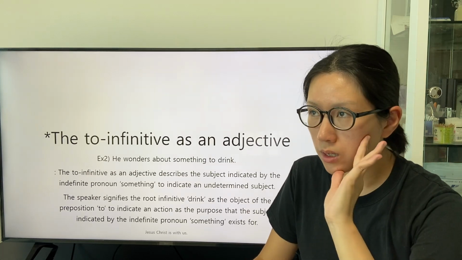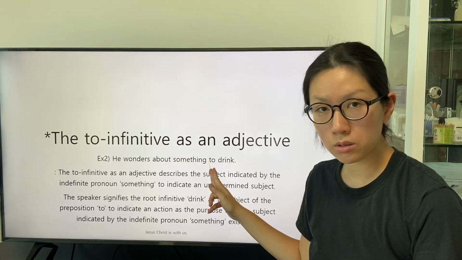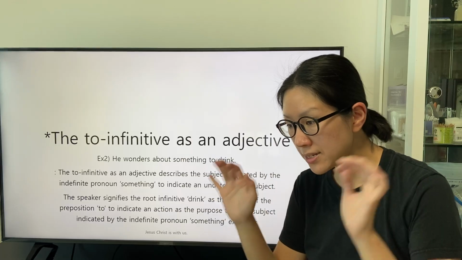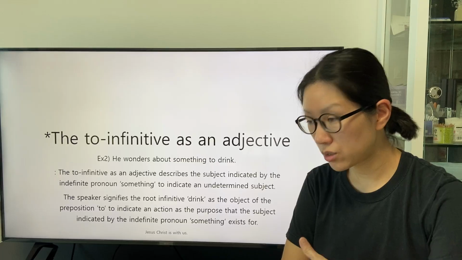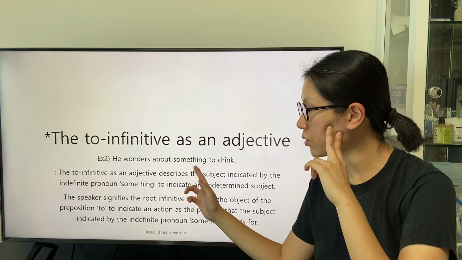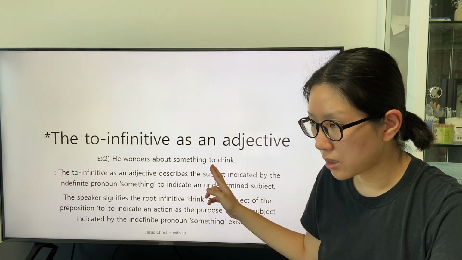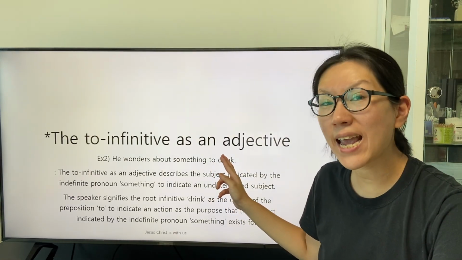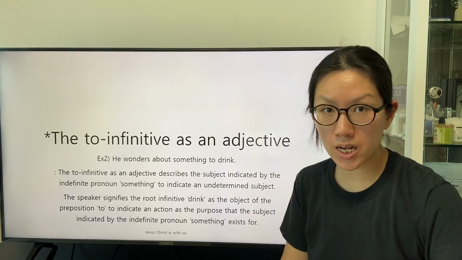This can be understood that the mediation by the preposition is on the premise that the speaker sets that the existence of the subject as true. So we can understand that the purpose of the existence is the action described by the root infinitive drink.